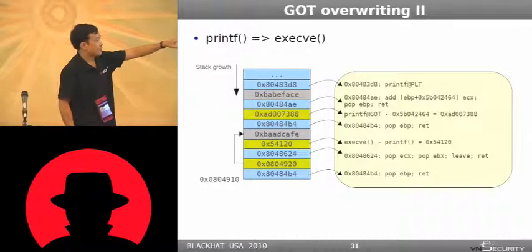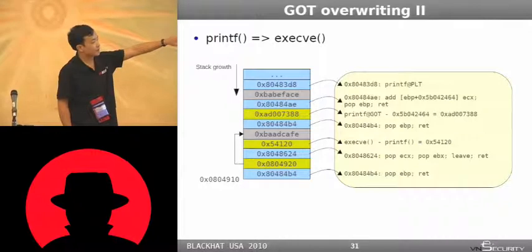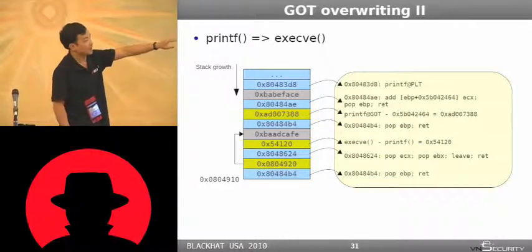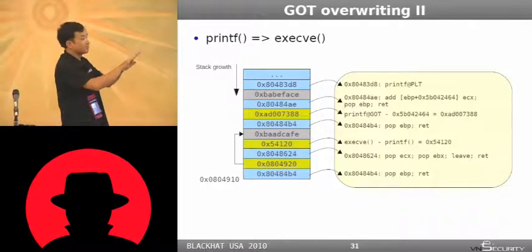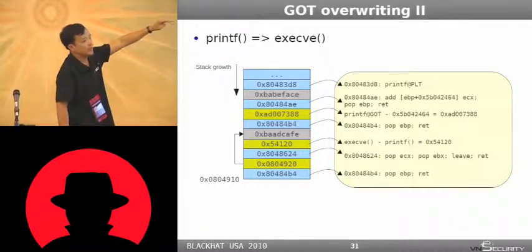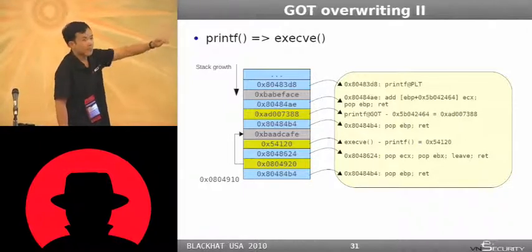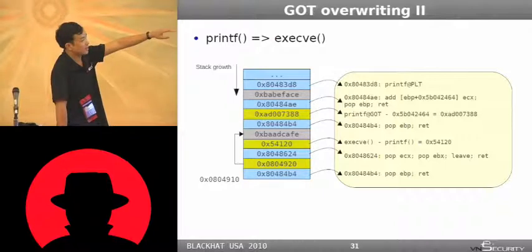We use the pop EBP to point to the new frame, then pop ECX with the offset value. Here is the offset value between printf and execve. The next value is unused. Next, we pop the EBP with the printf entry in the global offset table minus some constant.